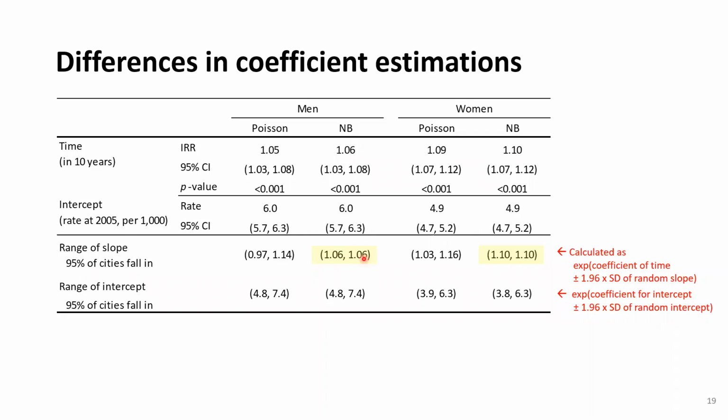So if you are interested in showing this part, it may matter whether you use Poisson or negative binomial. But if you are interested only in this component, and the random part is just to account for the correlation structure in the model, it may not matter which one you use. So it may depend.